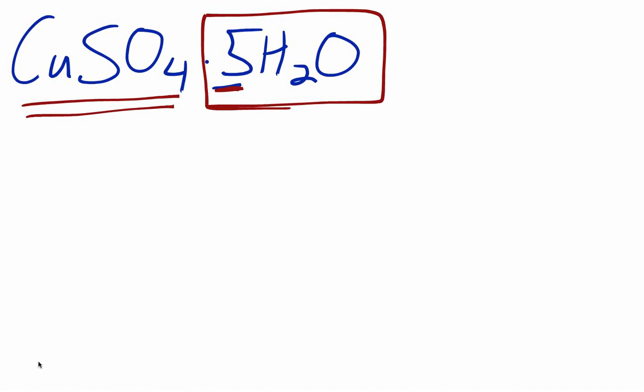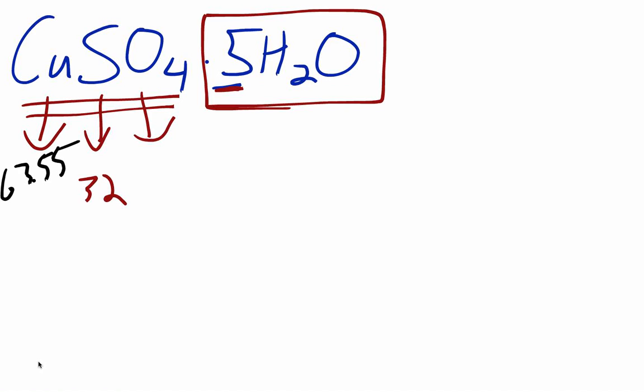Well, just like a normal percent composition, we have to add up the gram formula mass of the structure. So sulfur is 32.07, copper is 63.55, and oxygens are 15.99 or 16.00.